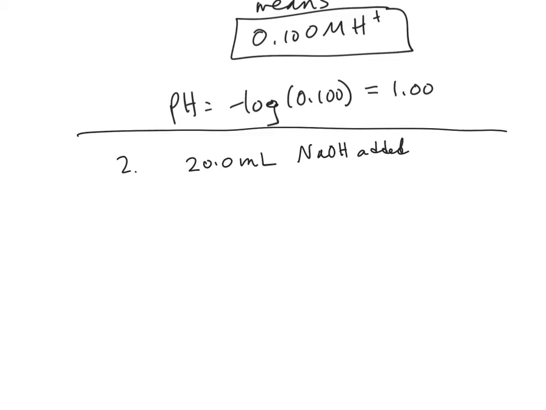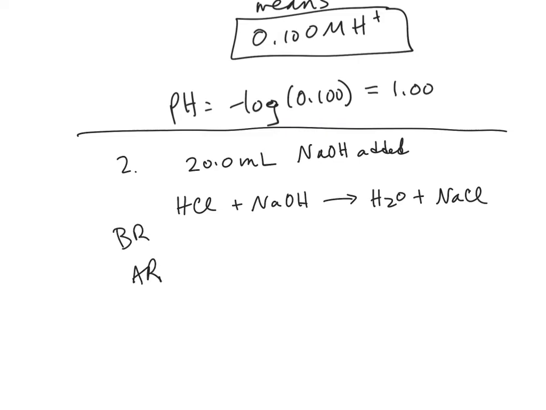So we're going to do a reaction table, a stoichiometry table, where HCl and sodium hydroxide react to form H2O plus sodium chloride.